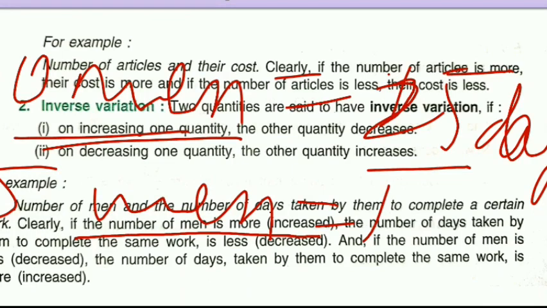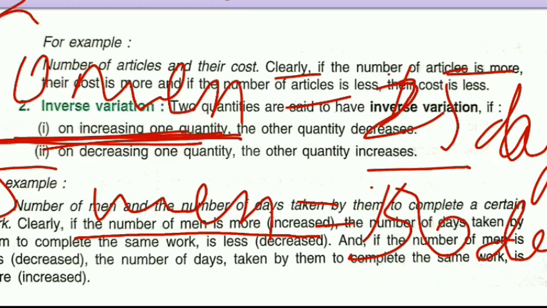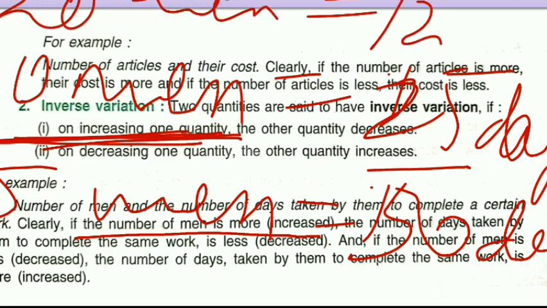It will take double the time because we have reduced the number of people, so it will be done in 50 days. If we double the men to 20, it will be completed faster, in 12.5 days. So we have seen that if we increase the number of men, the required number of days decreases, and if we decrease the number of men, the required number of days increases. So they show inverse variation here.